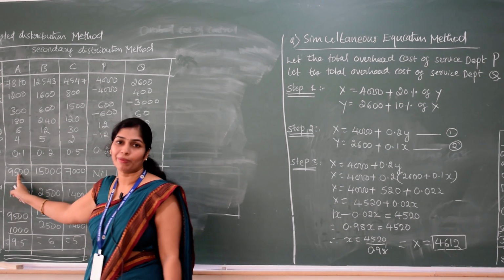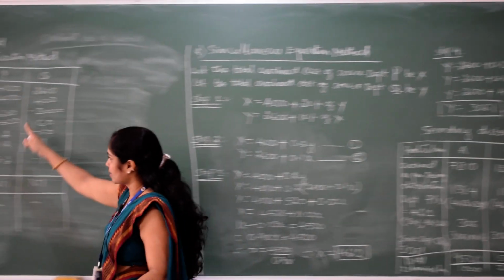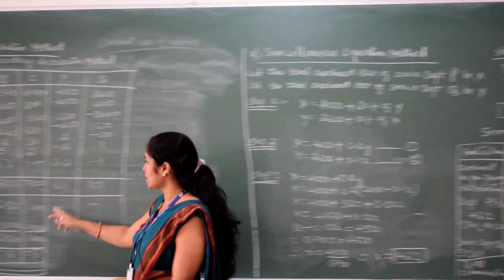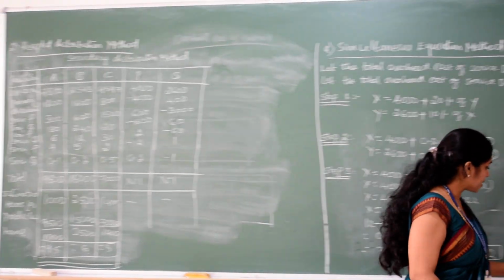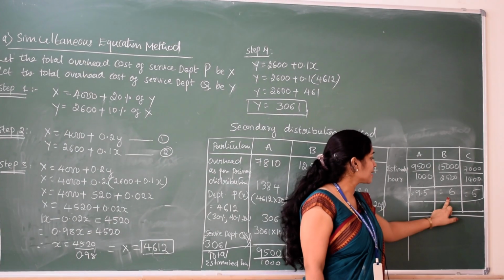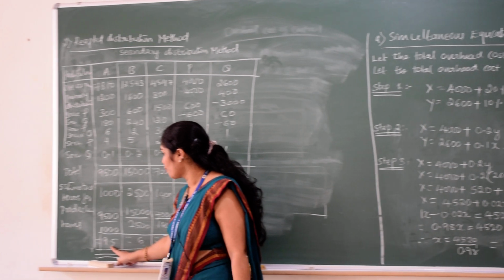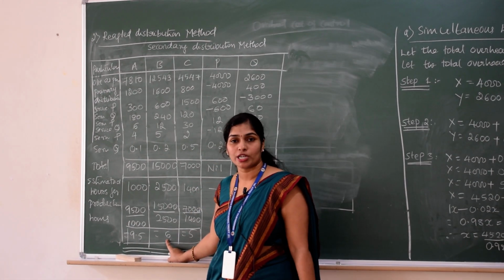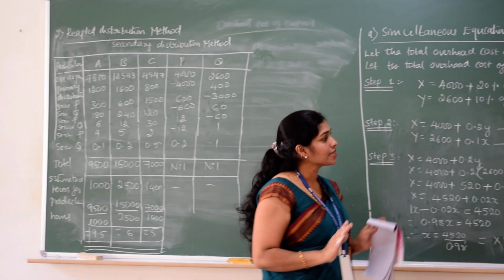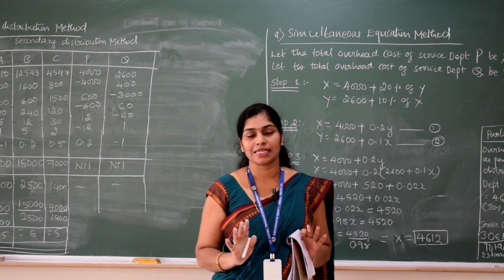B is 15,000, here also the same. C is 7,000, here also the same. Even the estimated rates per hour are 9.5 for A, 6 for B and 5 for C, and here also the same. So the simultaneous equation method and the repeated distribution method give approximately the same output. Is it clear? Thank you, students.